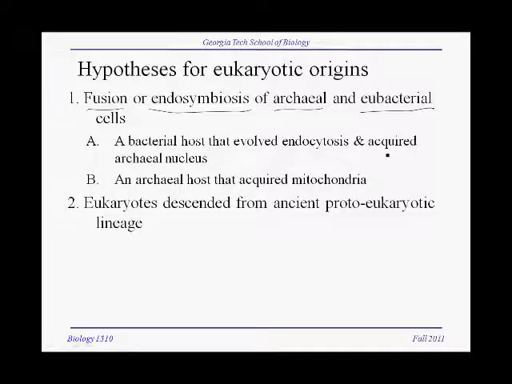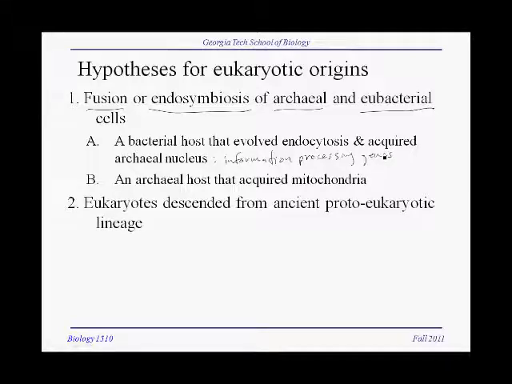A reason to think that is because all the information processing genes appear to have come from archaea. So these are the genes that are involved in nuclear processes of DNA transcription and DNA replication.